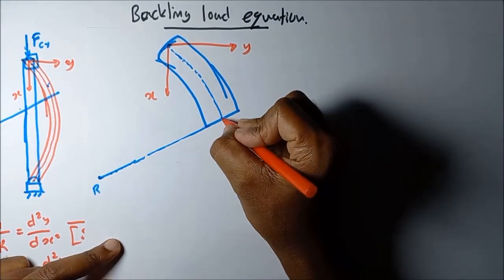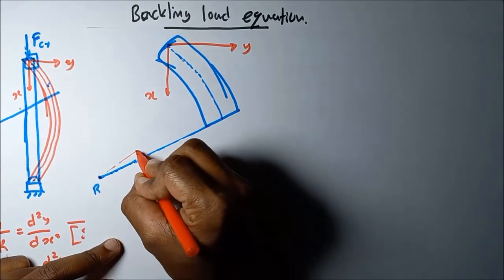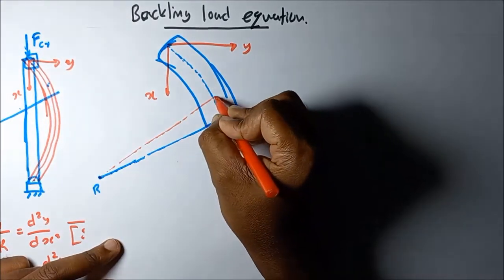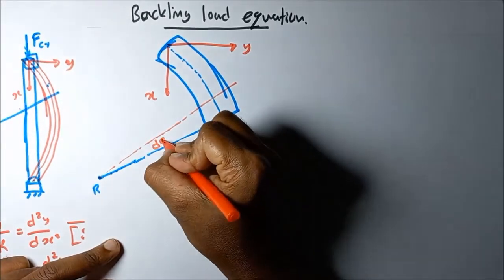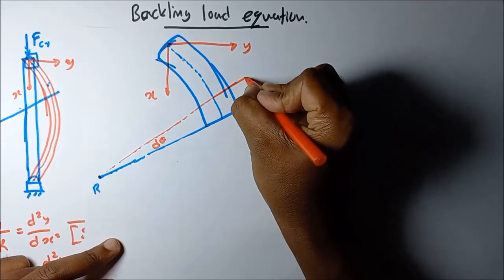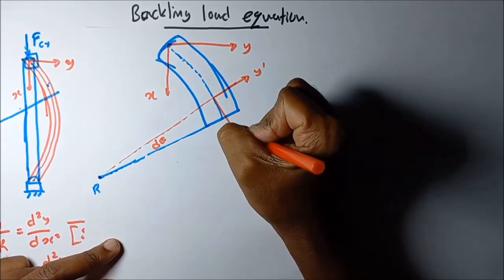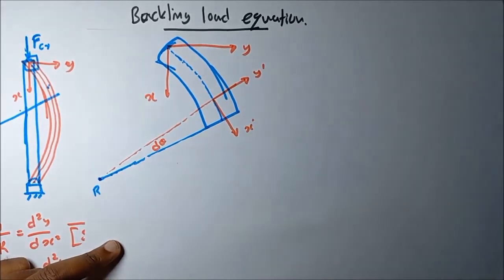Then according to this position, also I'm going to just take d theta. Then let's assign the coordinate from here y dash, here x dash.